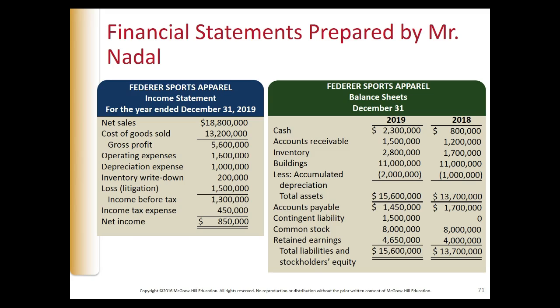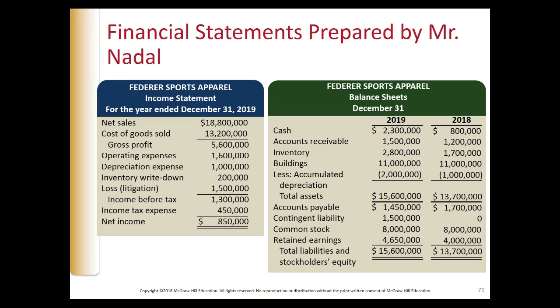Let's move 1 year forward to 2019 for our example company, Federer Sports Apparel. Mr. Nadel, as Chief Financial Officer, which would be the CFO, is responsible for all the accounting, finance, and MIS operations of the business. Now, he's developed a reputation for his very conservative, yet pretty powerful management style.